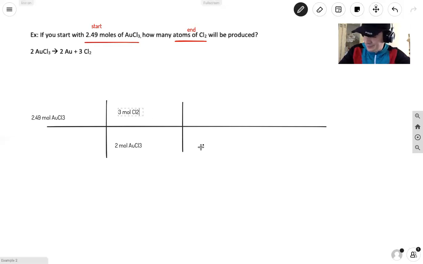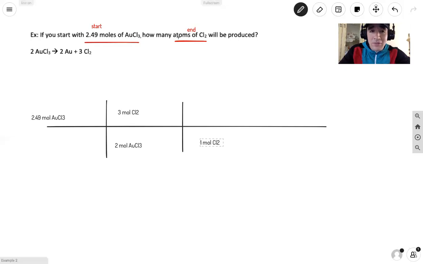So down here, I need to put moles of dichlorine. So let's put 1 mole of dichlorine. And I'm ending in atoms this time. So I'm not going to put grams. We're going to use a magical number.